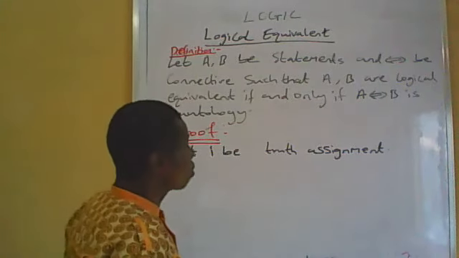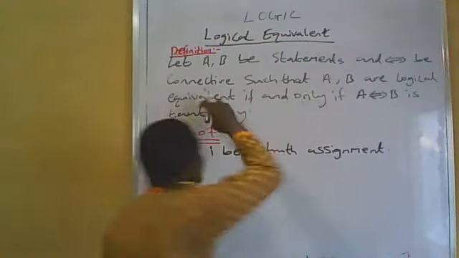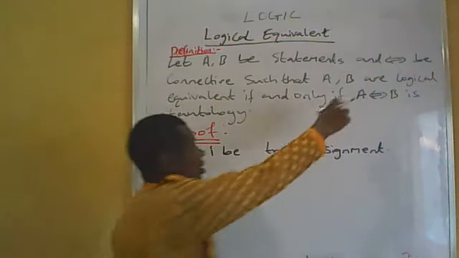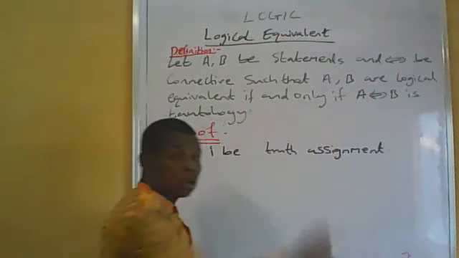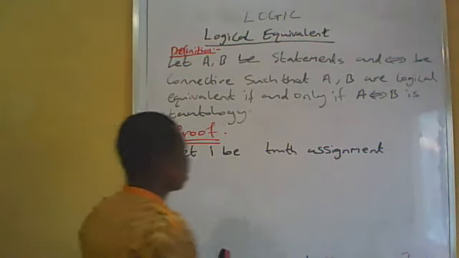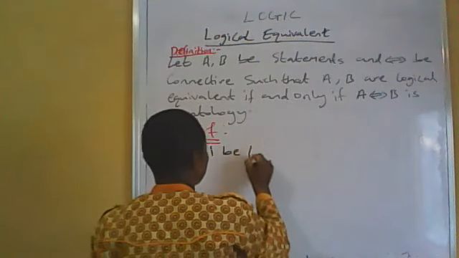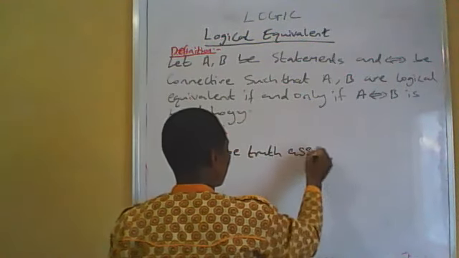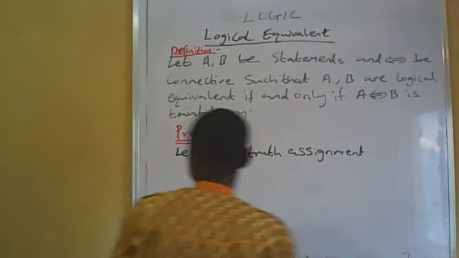Now you want to start from A and B are logically equivalent, then prove that A if and only if B is a tautology. Let I be a truth assignment.